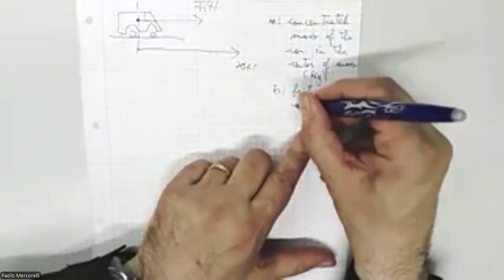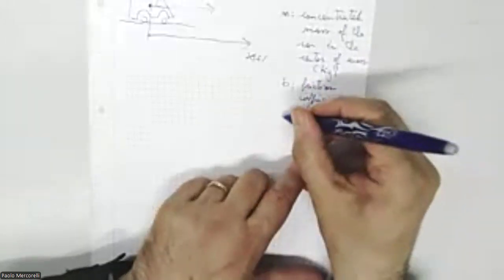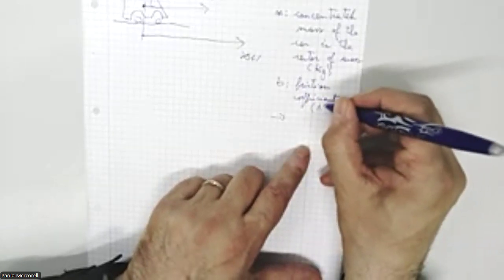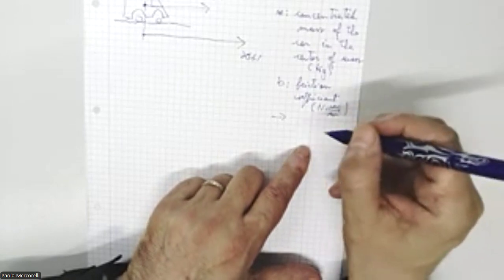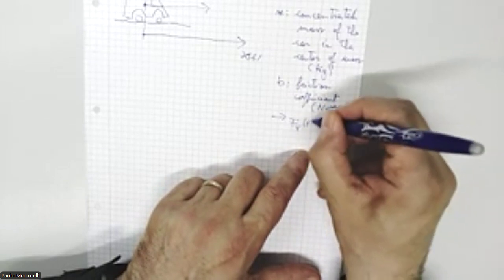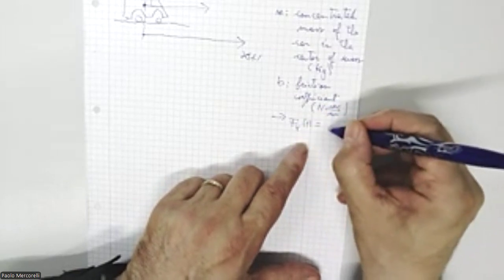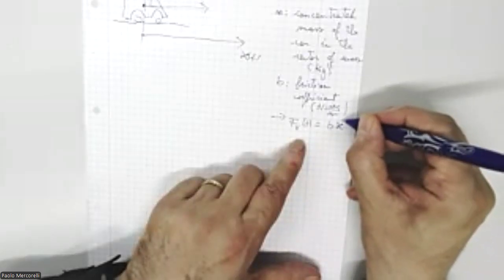Friction coefficient, which implies friction coefficient is Newton multiplied second divided meter, which implies Fr, the friction force, equals, let me say at this moment, B multiply X derivative, the velocity.